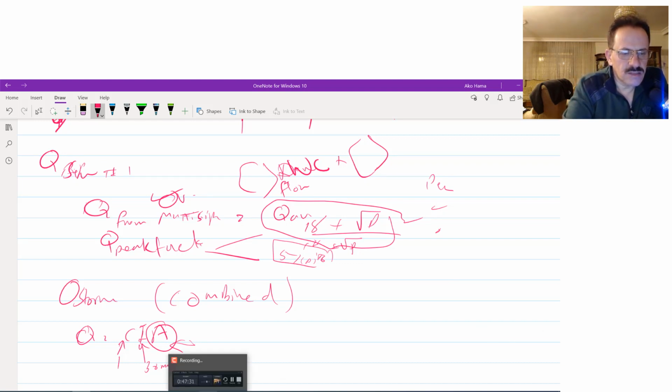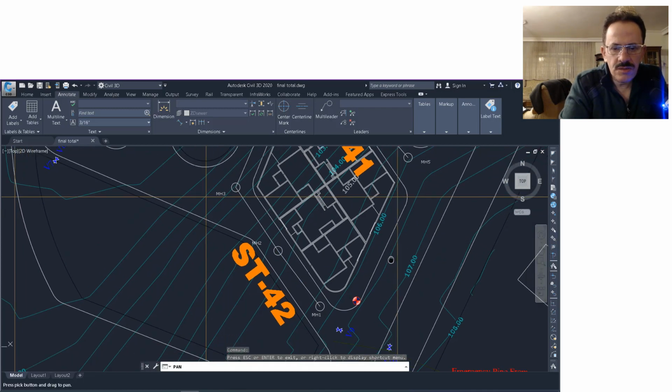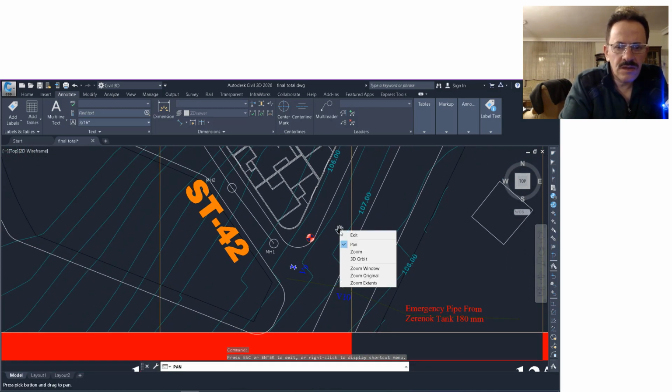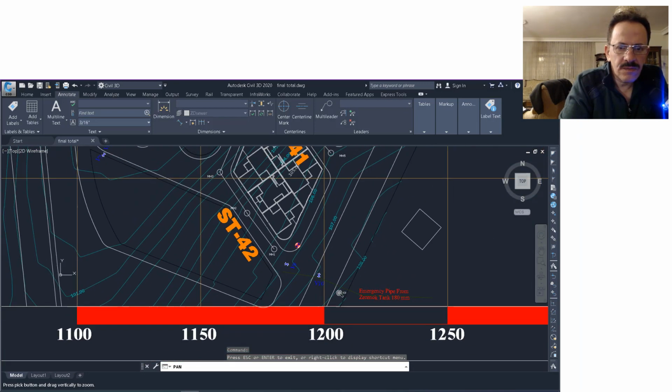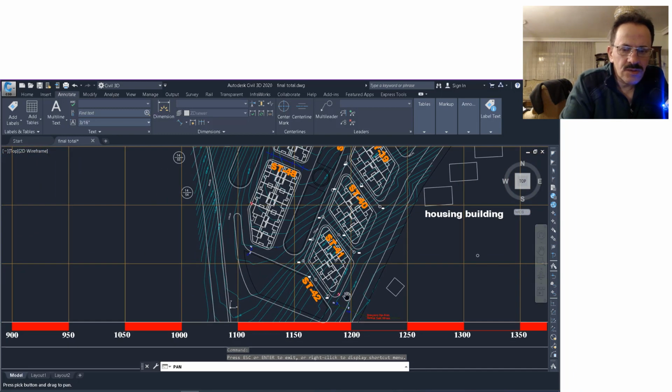Now the area can be found from this. For example, if I want to see the watershed, if I want to calculate the runoff from this area, you should calculate the area.